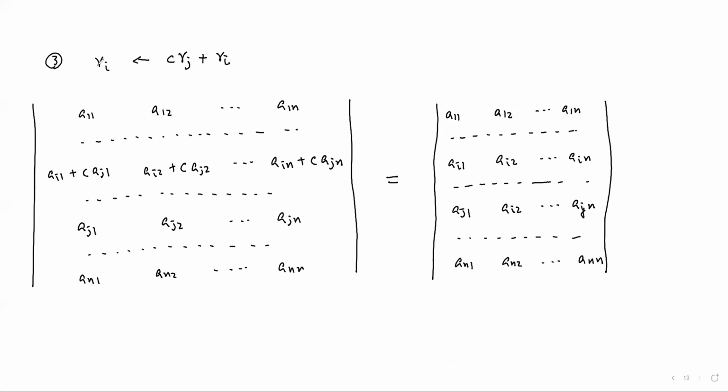Therefore, the determinant of an echelon form is the product of the main diagonal entries. Very powerful. This way to compute a determinant is much more efficient than using the cofactor expansion.